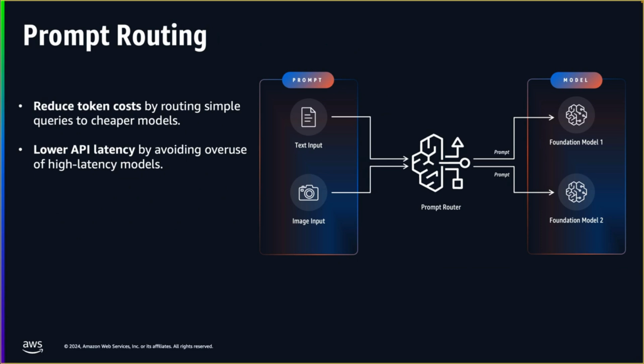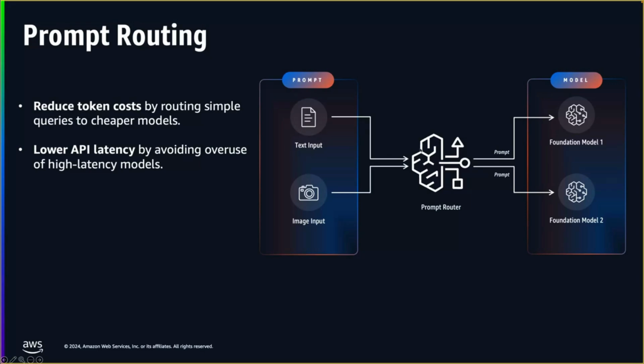For something like image processing, or a task which requires complex reasoning, you can use larger models, right? So basically you have a broker or prompt router which processes the request and decides which model to use, right? This technique is also quite efficient.